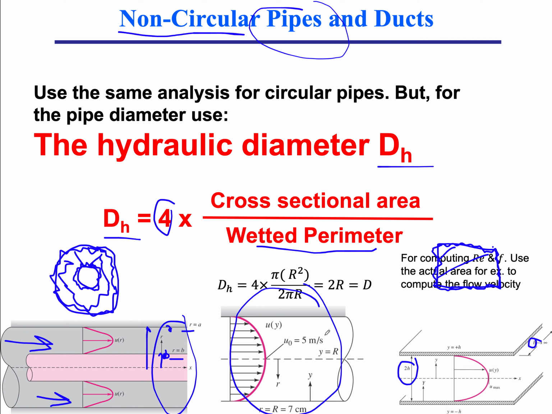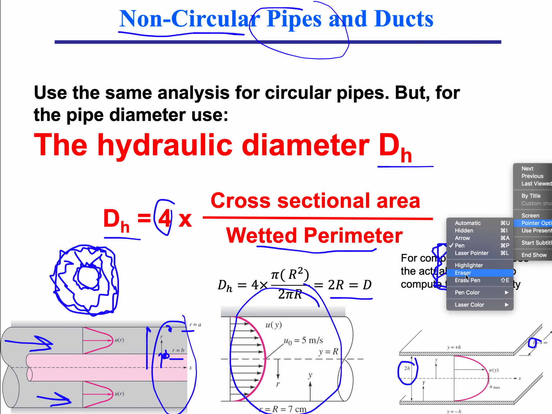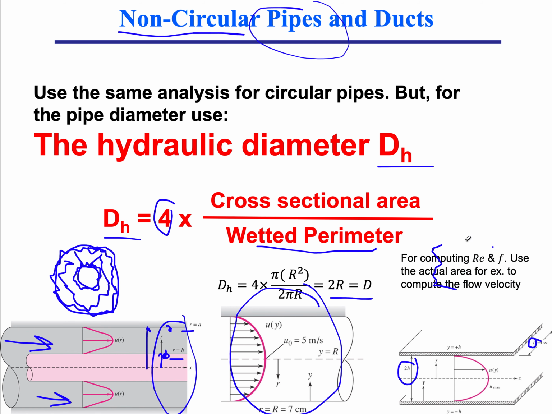It's 2 pi r. So pi r squared, over 2 pi r, and you have the factor 4. So exactly, we recover the diameter of the pipe, which makes sense. That's how this number was defined, so that it is an equivalent pipe diameter.